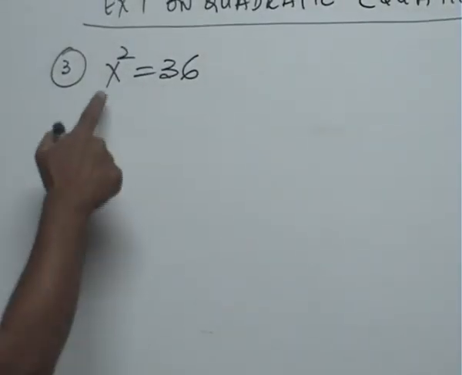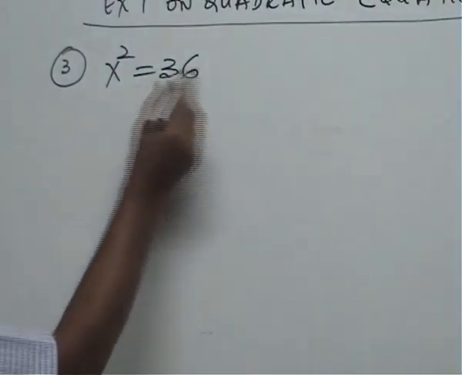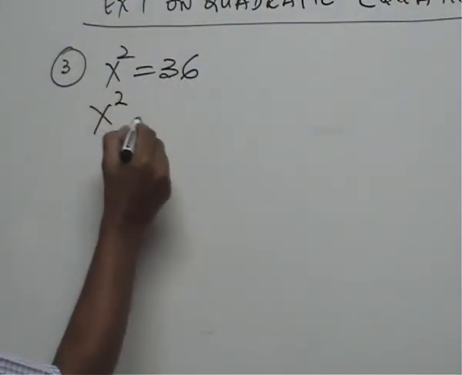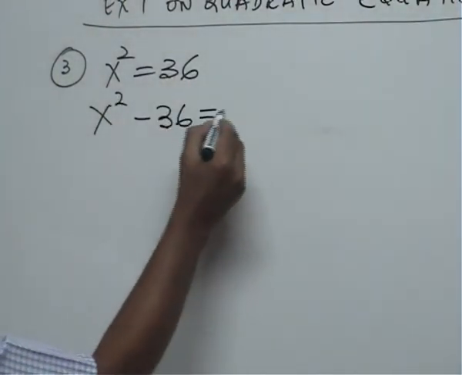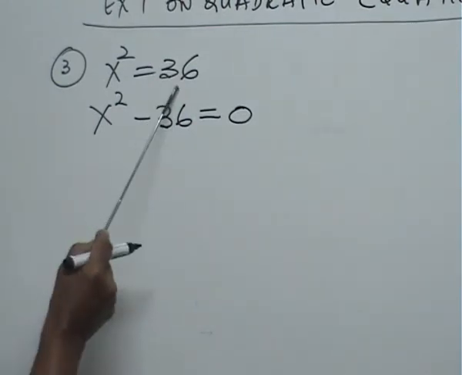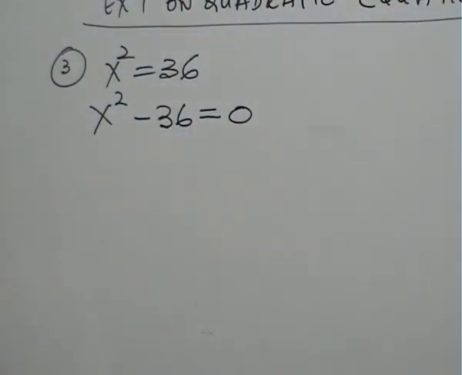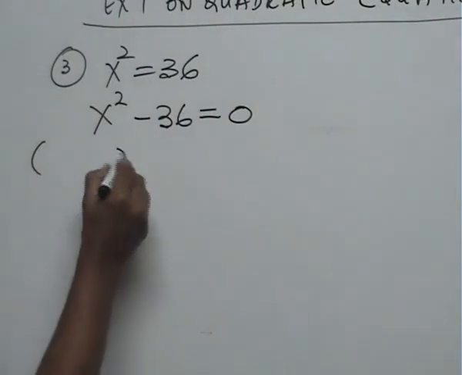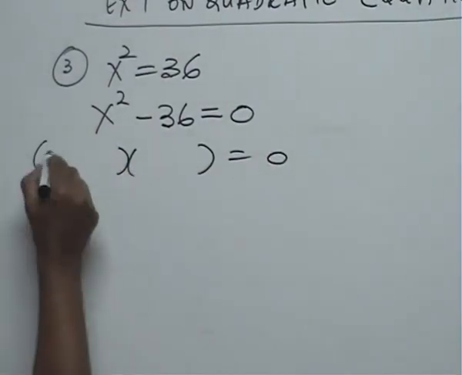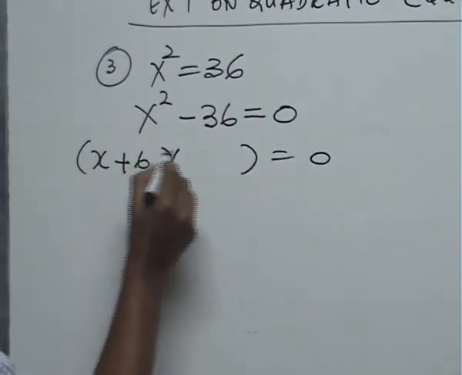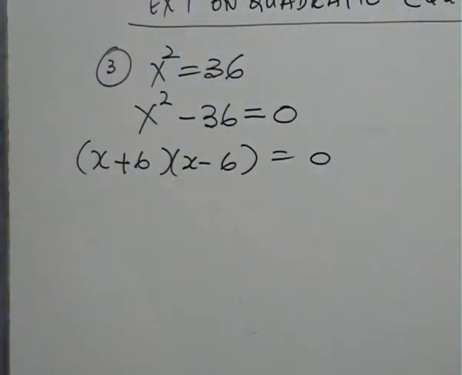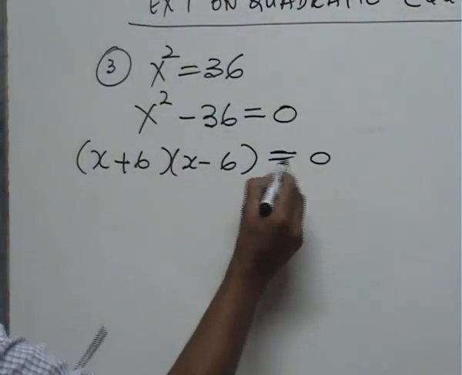Alright, number 3, x squared is equal to 36. Not in standard form, bring it to standard form. x squared minus 36 is equal to 0. See, plus 36 comes here, it becomes minus 36. Now this is the difference of two squares. So it will be x plus 6 into x minus 6 is equal to 0. Now you must know your factorization.